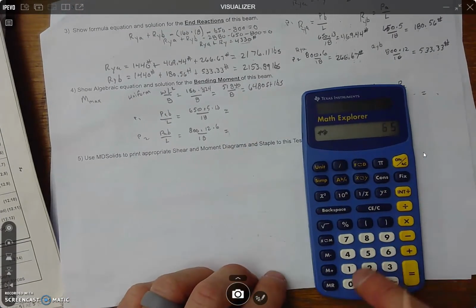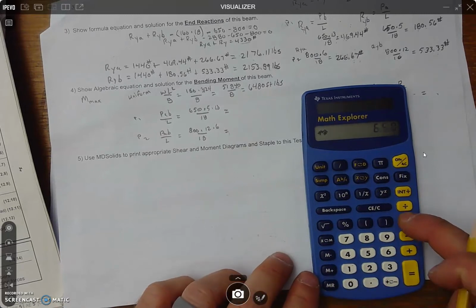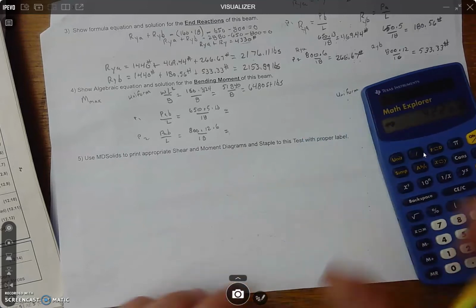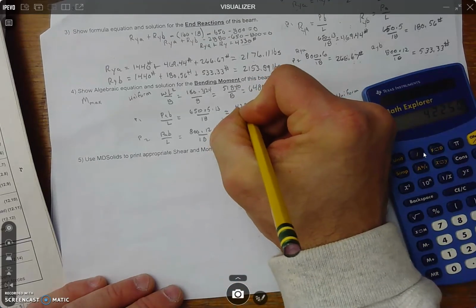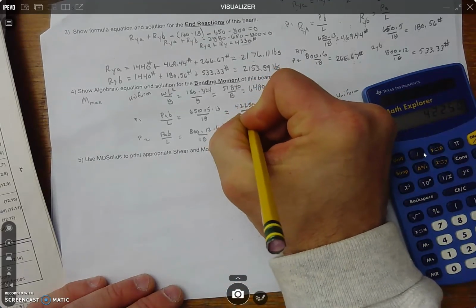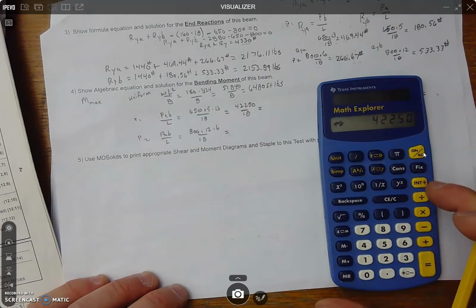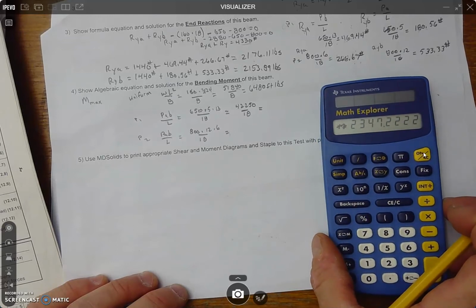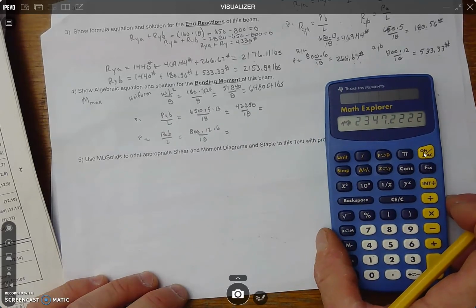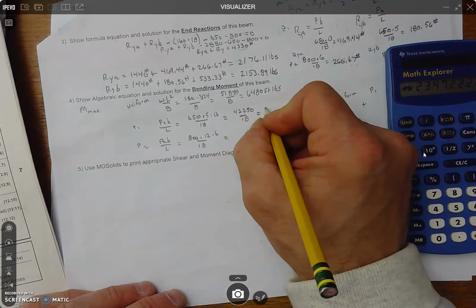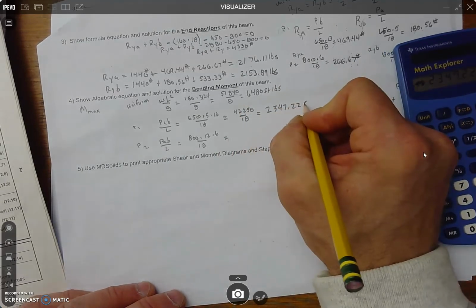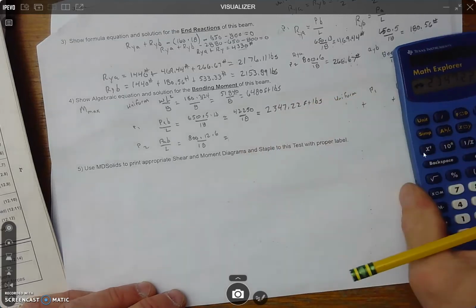So 650 times 5 times 13 equals 42,250, divided by 18 is 2,347.22 foot-pounds.